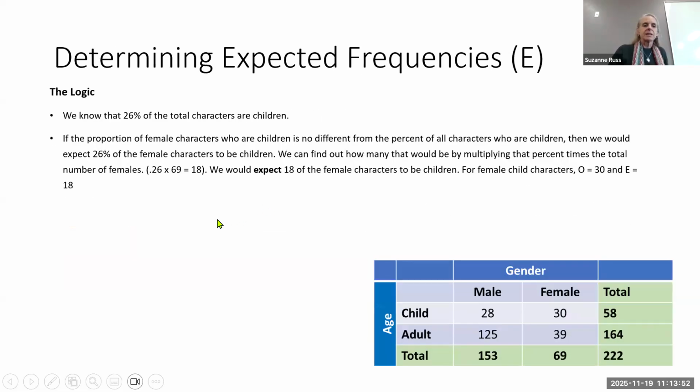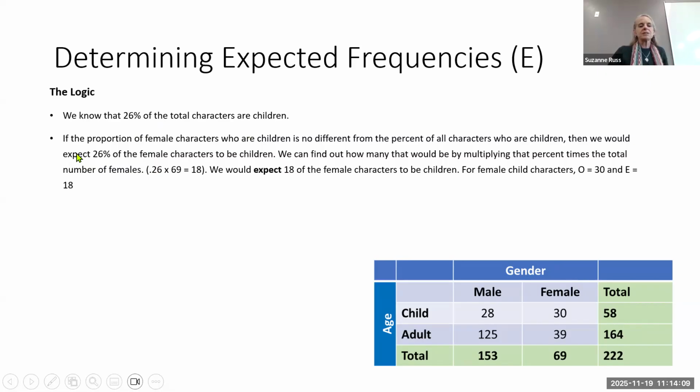All right. And so next we determine what we would expect. We know that 26% of all the characters are children. We know that 74% are adults.